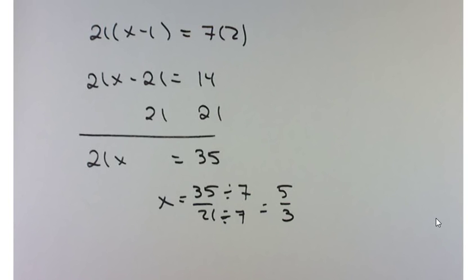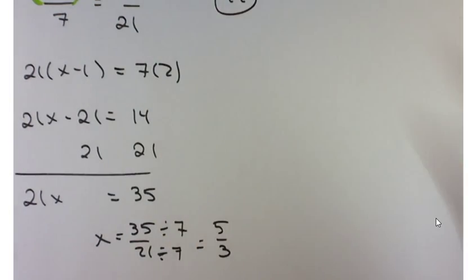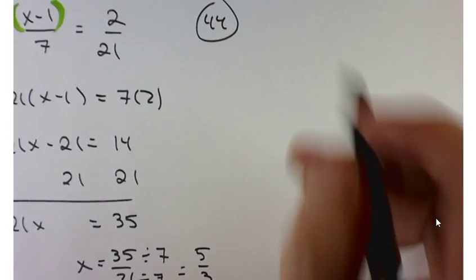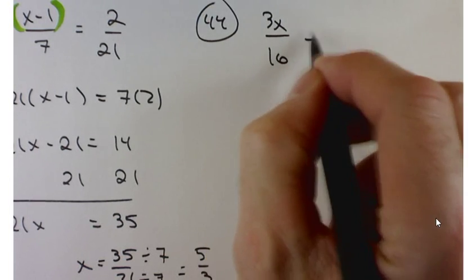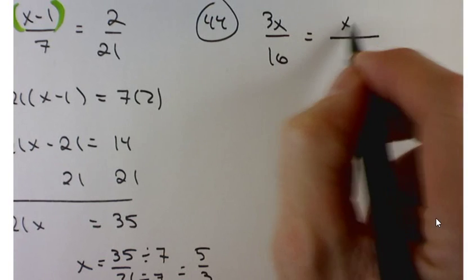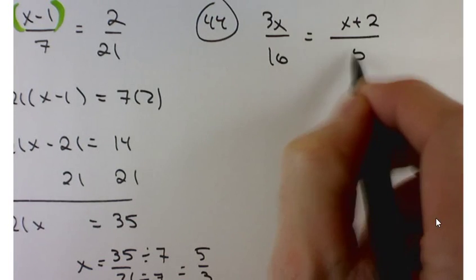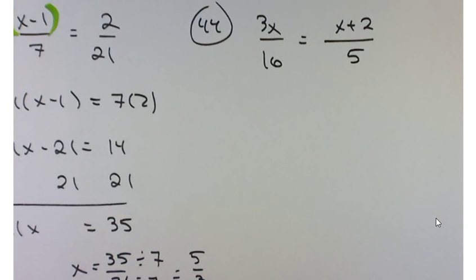How are we looking at problem 38? Because I'm going to give you one that's going to be similar to that. I want you to try problem number 44. 3x over 16 equals x plus 2 over 5. This one's all yours. And I'm going to take a moment and see if I can't open up a different file. But copy this down if you would.